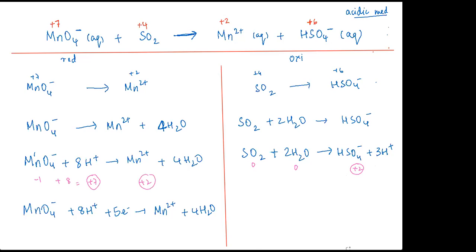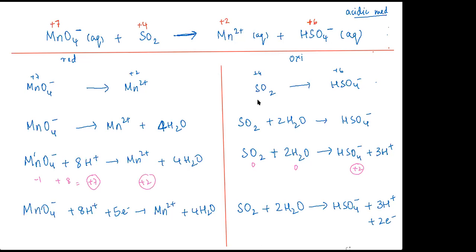Yeah, add 2 electrons. SO2 plus 2H2O gives HSO4 minus plus 3H plus 2 electrons.